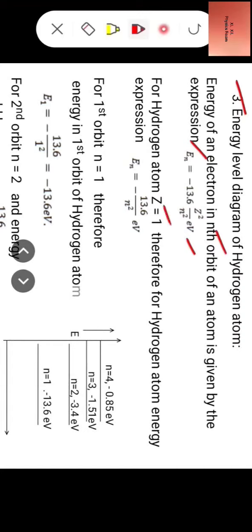For hydrogen atom, Z is equal to 1. Therefore, for hydrogen atom, the energy expression would be En is equal to minus 13.6 divided by N square.